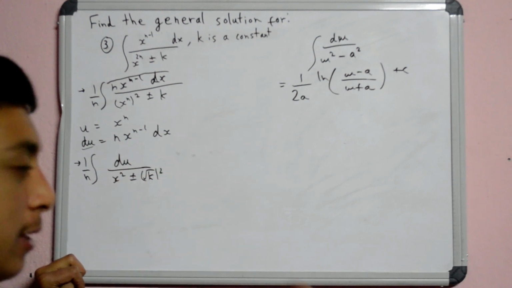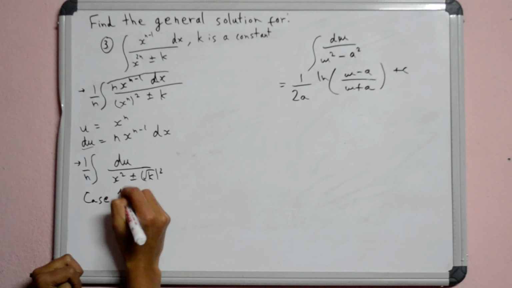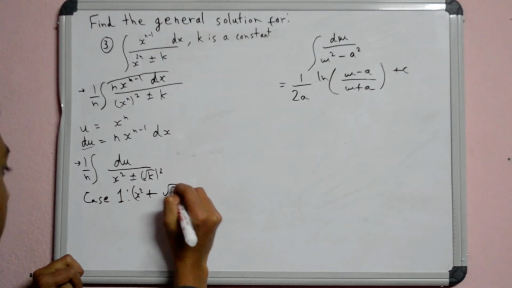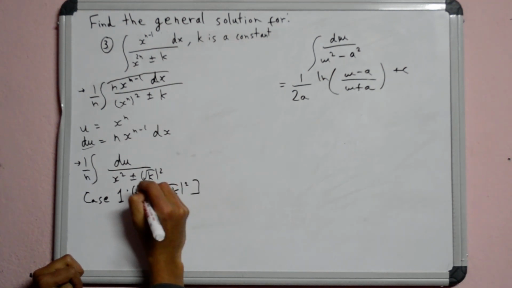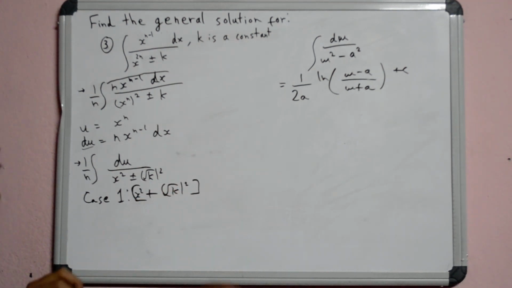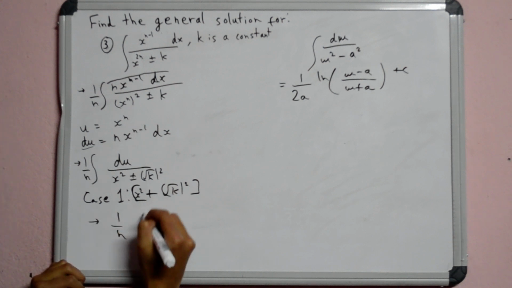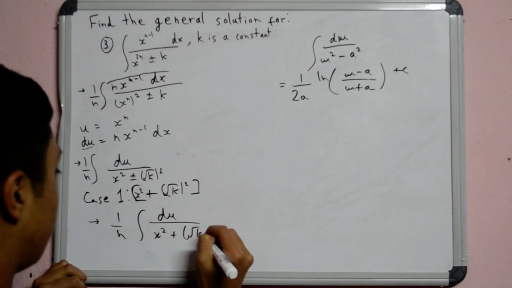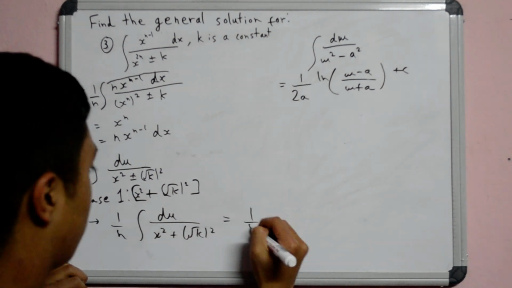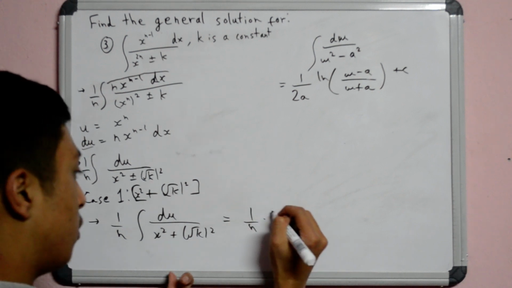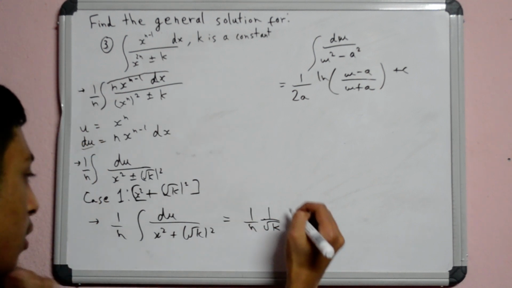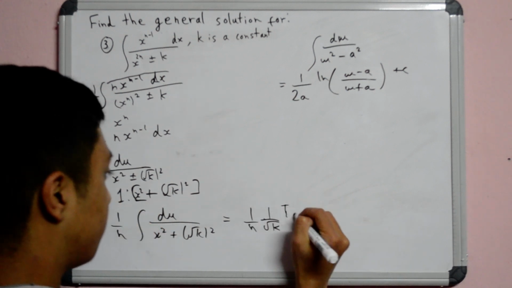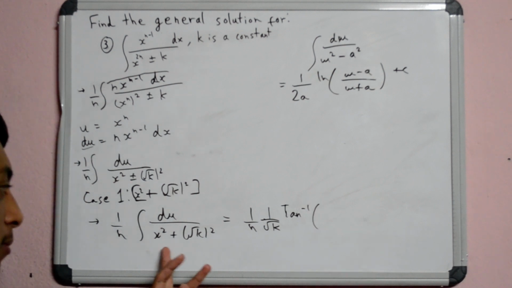Now, case 1, we have plus k, x square plus k, or root k whole square. That means this integral will be 1 by n integral of du by u square plus root k whole square, which is 1 by n into 1 by a, which is our root k, tangent inverse of x by a.